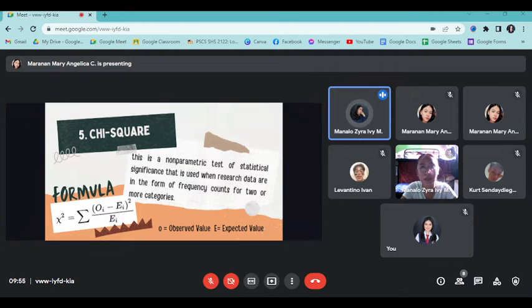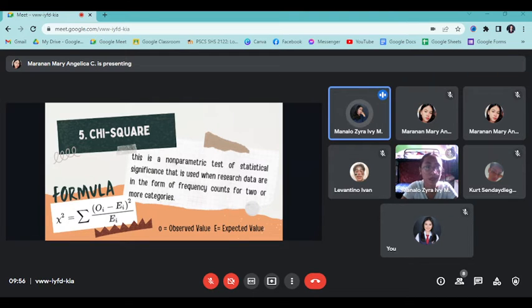So for example, merong sinabi sa'yo ng kaibigan mo na yung population ng school nyo is composed of 50% female and 50% male. So, by proving that point, gagawa ka ng experiment wherein kukuha ka ng 10 participant galing sa population ng school nyo to compare kung meron bang difference, kung totoo bang 50-50% yung composed population ng school nyo.